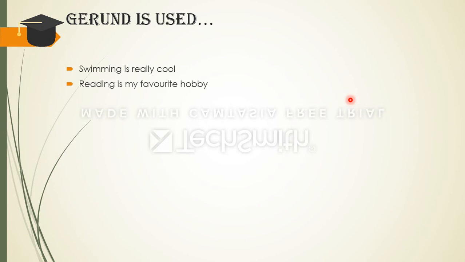If you look at the place of the gerund in these two sentences, they are the subject of a sentence. So the gerund can come as a subject of a sentence. For example, when I want to start a conversation with someone, I say, oh, reading is really fun, is really good. How often do you read books?